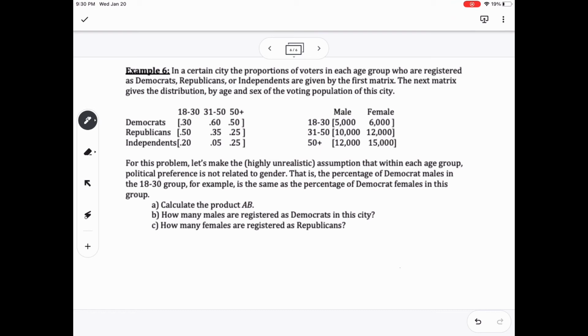That is, the percentage of Democratic males in the 18 through 30 group, for example, is the same as the percentage of Democratic females in this group. First, we needed to know which matrix is what. So let's go with the political one as matrix A, and then our gender one as matrix B.